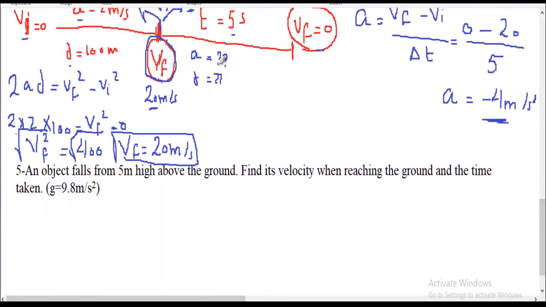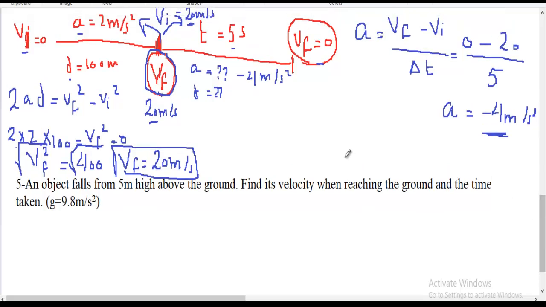Okay, so the acceleration is negative 4 meters per second squared. You can get the displacement from the second equation, or from the third equation, as you like: d equals Vi t plus half a t squared.